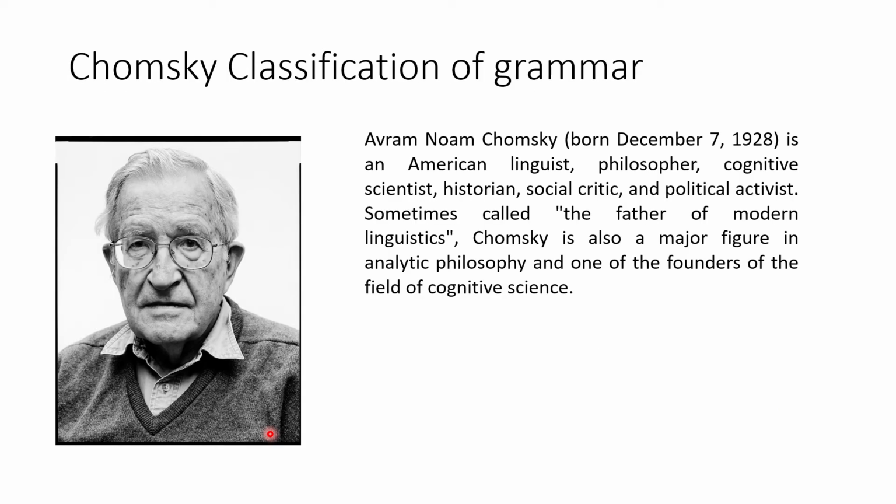From this point, a very interesting classification of grammar came with the help of a very well-known scientist, Abraham Noam Chomsky, who was born on December 7, 1928. He was a linguist, a philosopher, a cognitive scientist, and he was not associated with computer science at that moment.